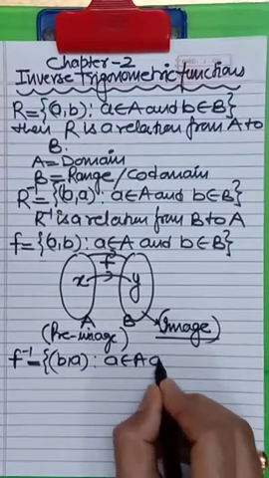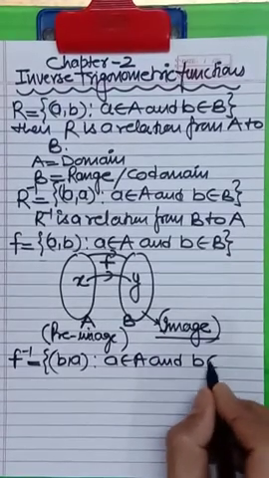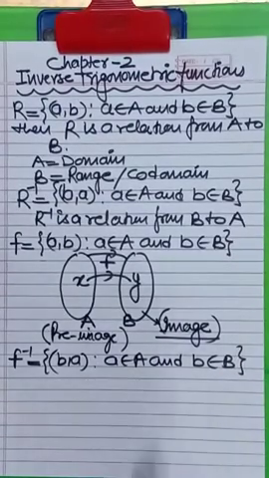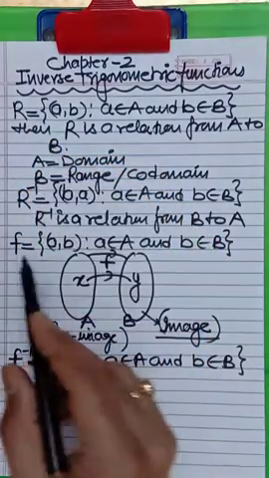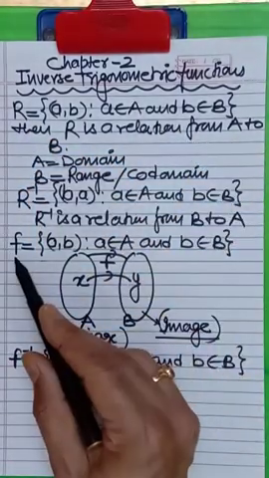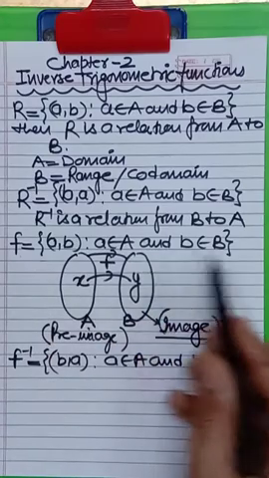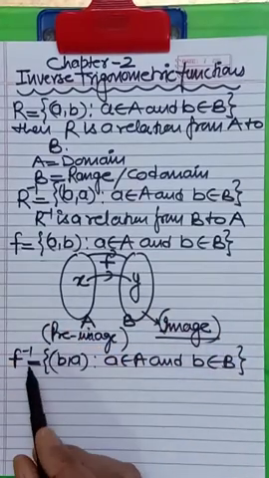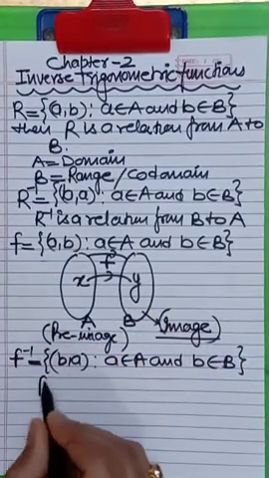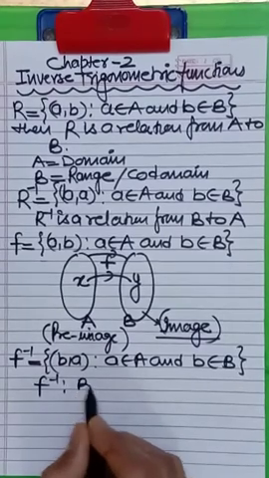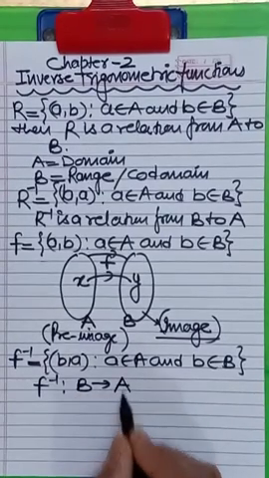When a relation from A to B is called R, the special case of relation is called a function. When a function is from A to B, it is simply F. If it is from B to A, it is called the F inverse function.